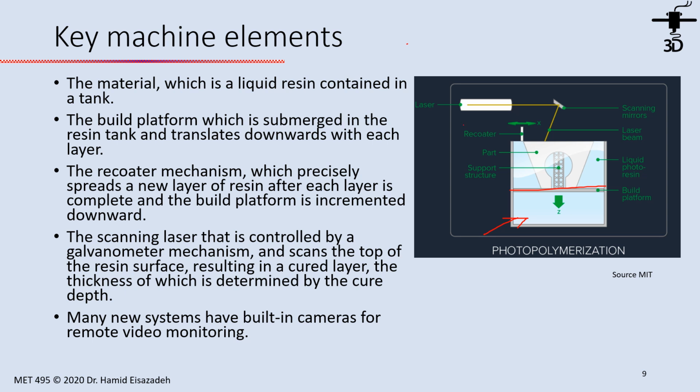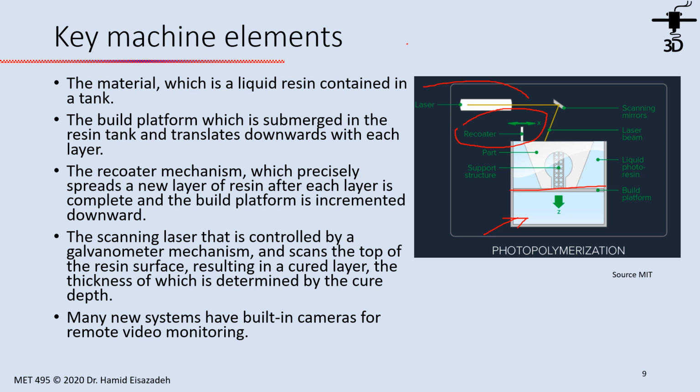The next element is the recoater mechanism, which spreads a new layer of the resin each time. Once each layer is done, it has to recoat the resin.